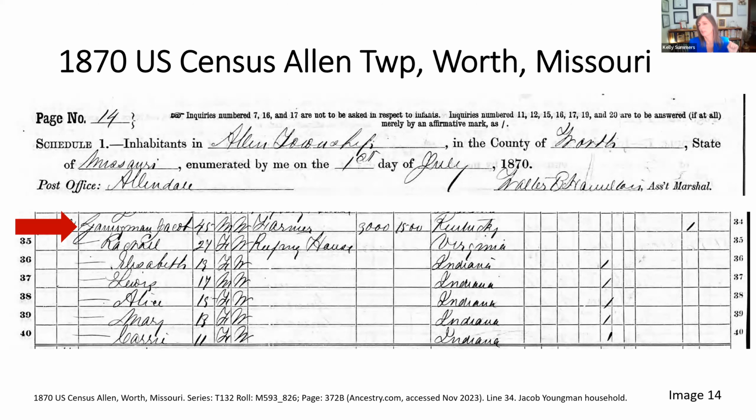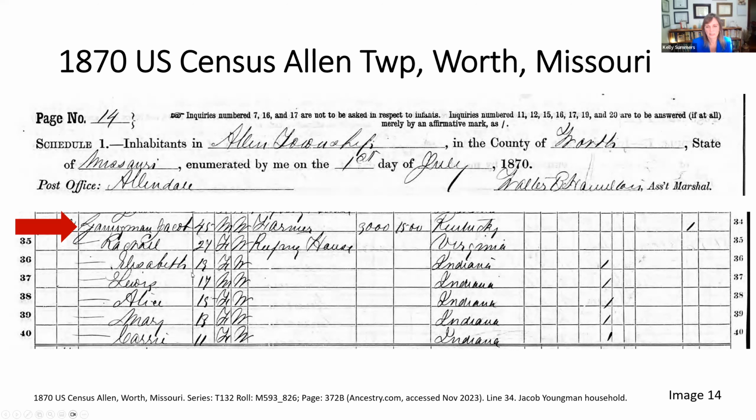So now let's look and make sure that we have the right family. So we have Jacob, who is 45. And then we have information about his real estate and personal property. He's born in Kentucky. We have Rachel, who is 27, keeping house, born in Virginia. And then we have some children here: Elizabeth, Lewis, Alice, Mary, and Carrie.